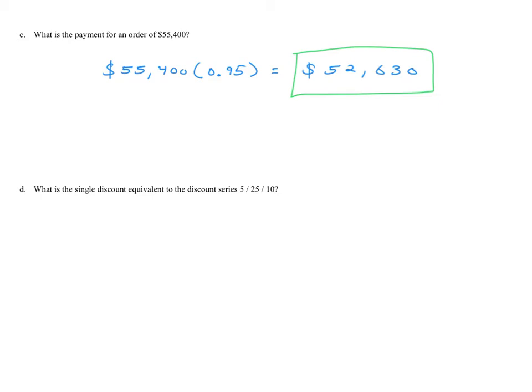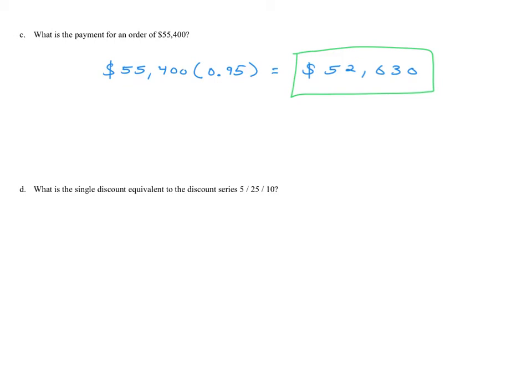And for part D, here again we have that same series discount of 5%, 25%, and 10%. But you could ask another question: instead of considering this as three different percentages, is there a single discount equivalent to it that would take you from the beginning directly to the end? Like, for example, for the company in Part B that got all of those percentages combined.